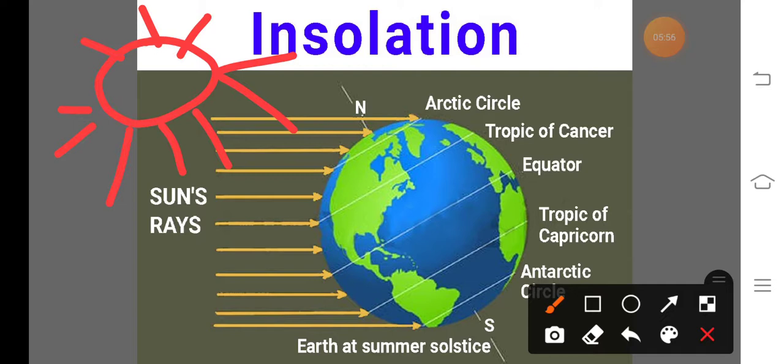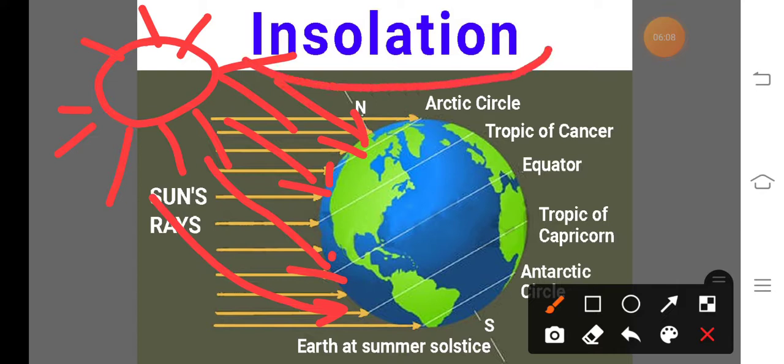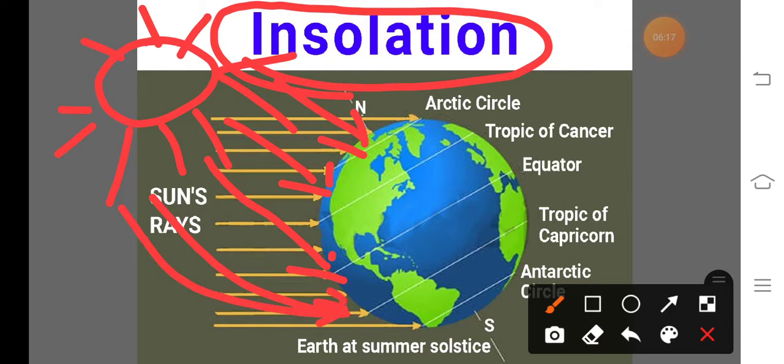Those radiations coming from the sun and received on the earth surface are known as solar radiation, and also known as insolation. That means in simple language, the radiation coming from the sun and received on the earth surface is known as insolation and solar radiation.